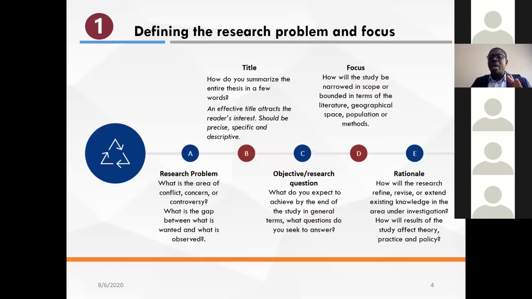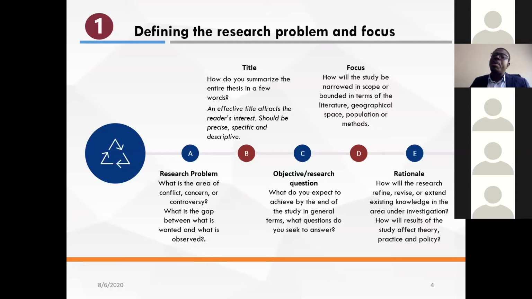And so once you define the focus, you should also spell out the rationale. You should have a very compelling reason why you want to research on such a topic. For instance, how would the research refine, revise, or extend the existing knowledge in the area that is being investigated? And how would the results of your study affect theory, practice, and policy?